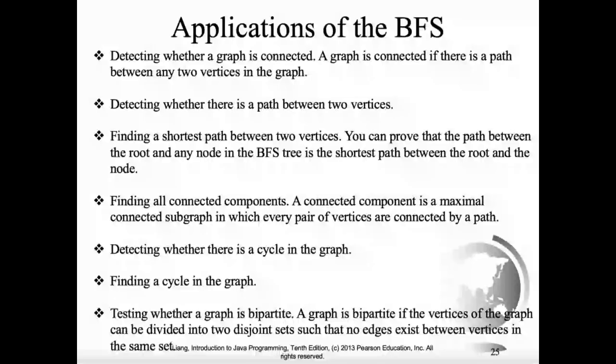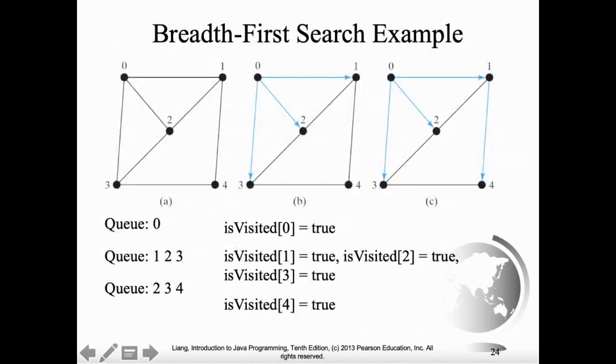these are also the applications of the BFS. Definitely, it's going to give us the shortest path, and you can see that in the example too, right? The shortest path from 0 to 4, for example, is going directly to 1 and then 1 to 4.